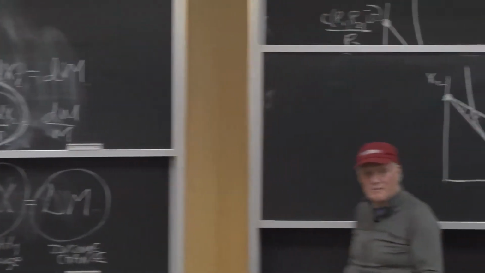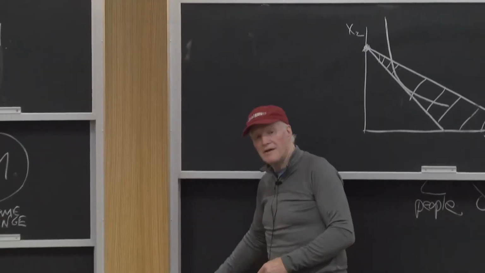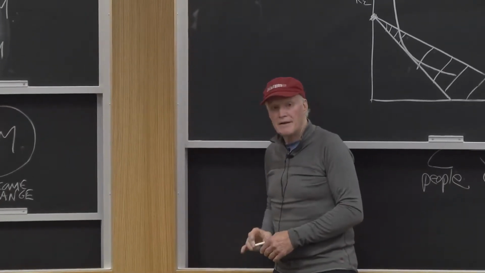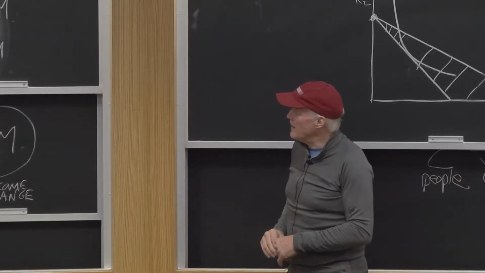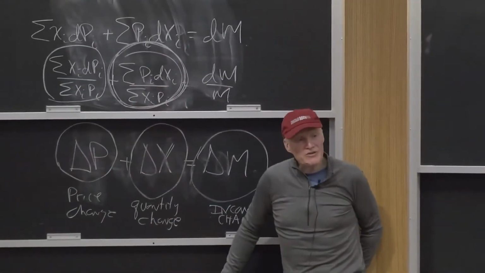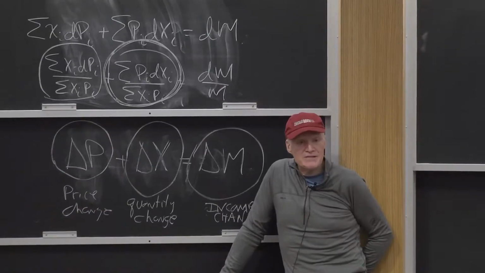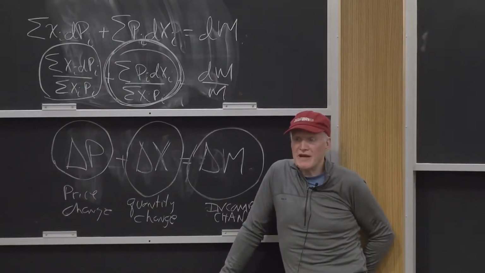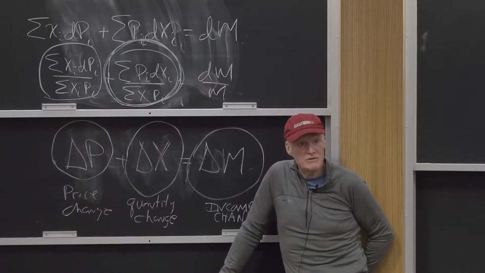Okay, yeah, but more fundamentally, think about it. I'm weighting the quantity changes by prices. Why does weighting the quantity changes by prices make sense? Why should I rate something that costs $10 twice as much as something that costs $5?